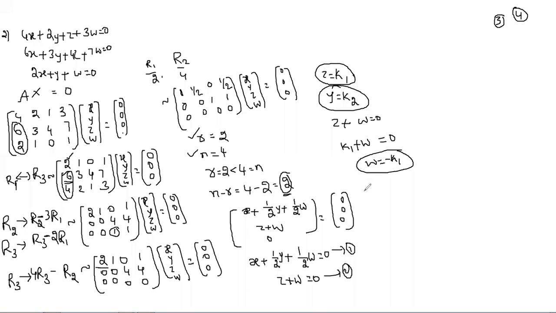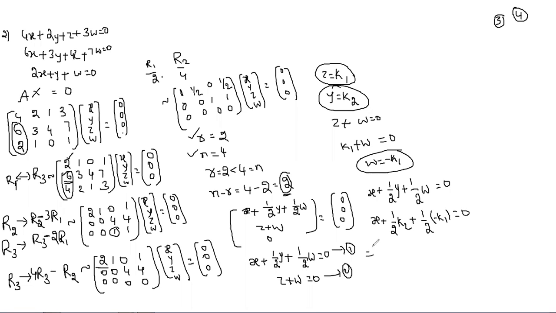But I require the value of x. So take the first equation: x plus 1 by 2 into y plus 1 by 2 into w is equal to 0. Already I know these values. So x plus 1 by 2 into y, which is what I chose, k2, and 1 by 2 into w, which is what I got, minus k1, is equal to 0.